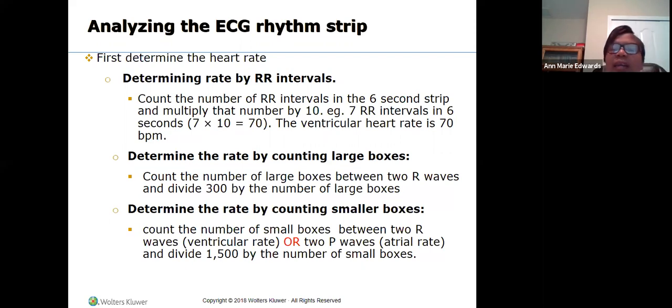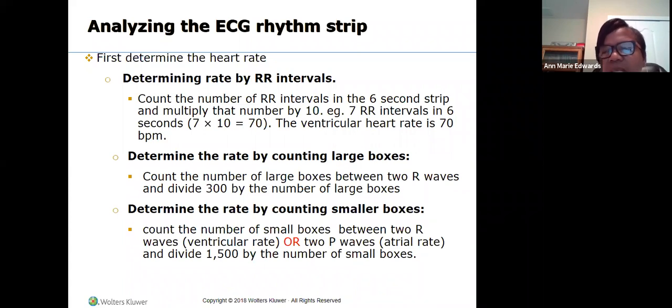It's just like counting your pulse. If you count your pulse for, say, 15 seconds, how much would you multiply that by to get your heart rate? Think about it. You want to get your pulse rate, but you don't have time to count it for a minute. So you count it for 15 seconds. What would you multiply it by to get your pulse rate per minute?